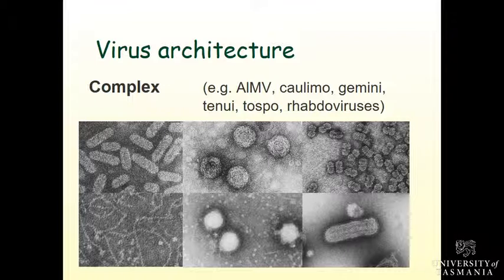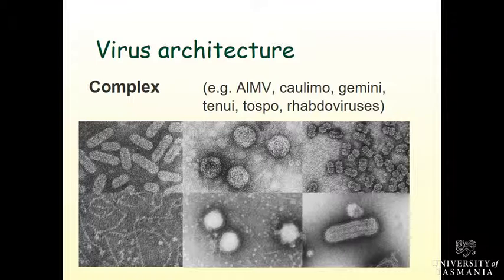But some of them have these rather elaborate coats. So like collimos, the cauliflower mosaic virus, for instance, is there. That one's alfalfa mosaic virus, that guy. These guys are cute. The Gemini viruses, or Bergamoviruses, as we tend to call them now, they're actually like 2 icosahedra stuck together.